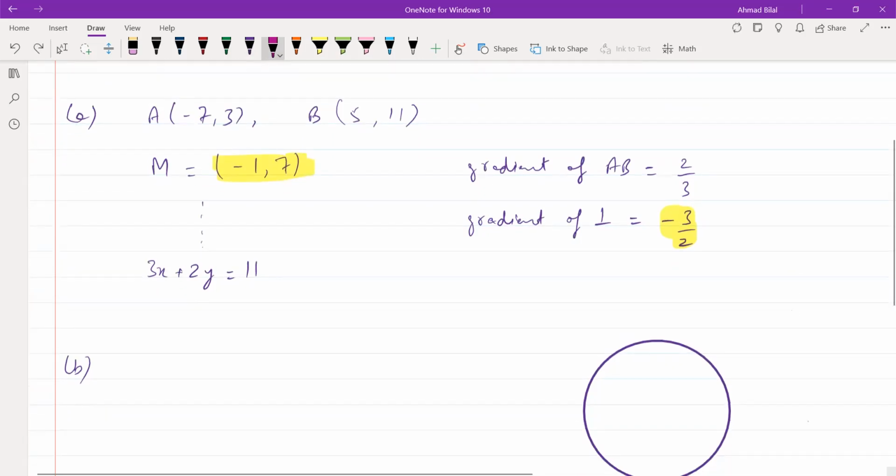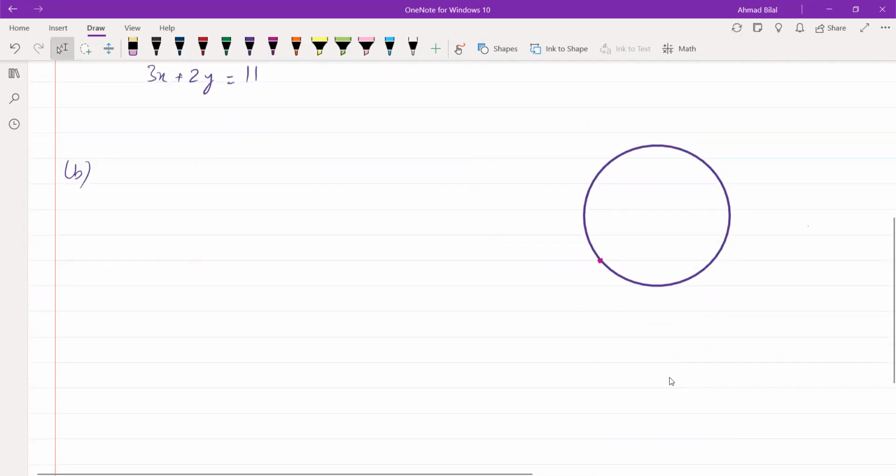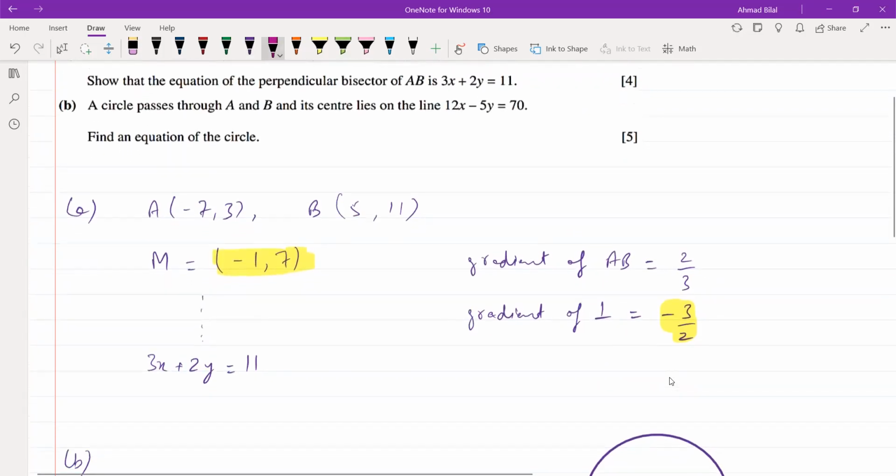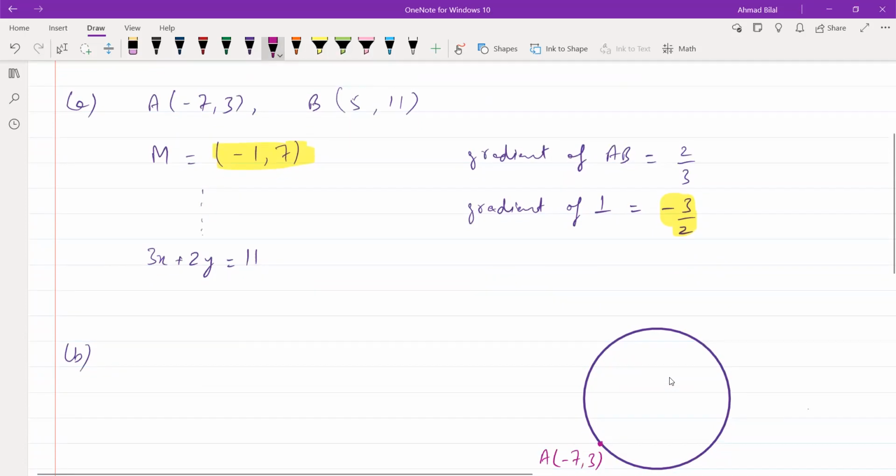Let's mark that point here. So this is point A, this is -7 and 3. And the other point is 5 and 11. So 5 is on the right, 11 is upwards. So maybe that point is somewhere here, let's say. We don't know.